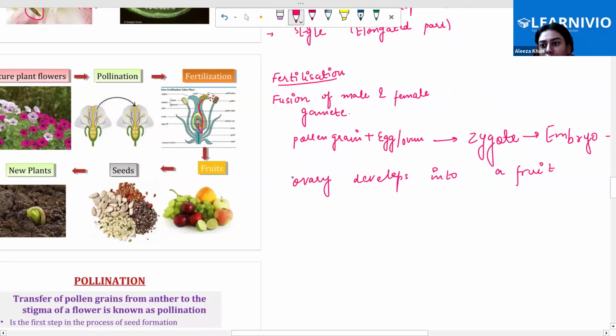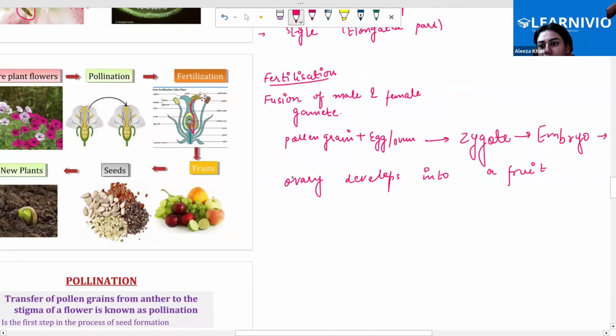And the ovule turns into the seed, because there you will find the egg or the ovum. So after fusing, it will become a seed, and the ovary which is having that ovule, it will become a fruit. Got it? Have you written this point? Yes, ma'am.